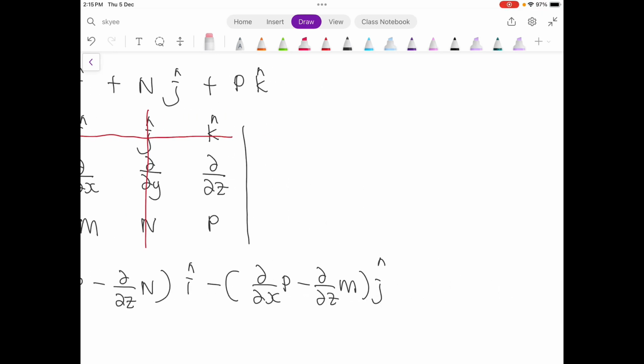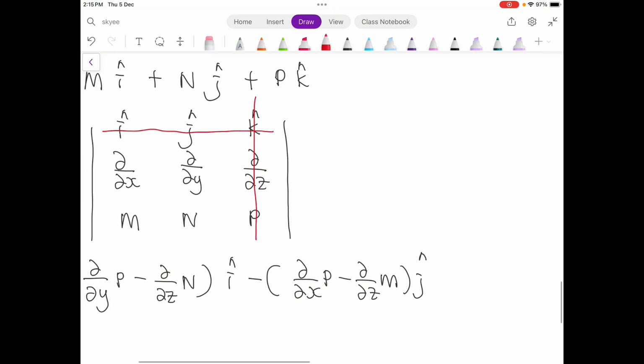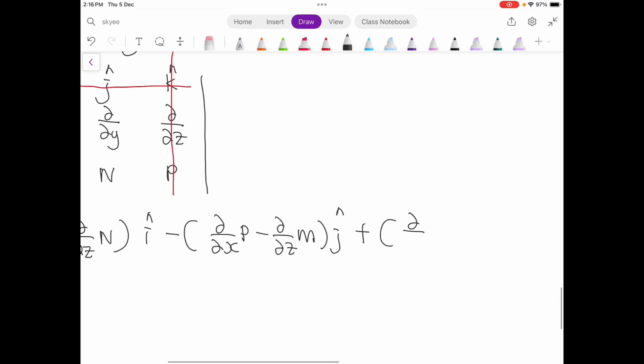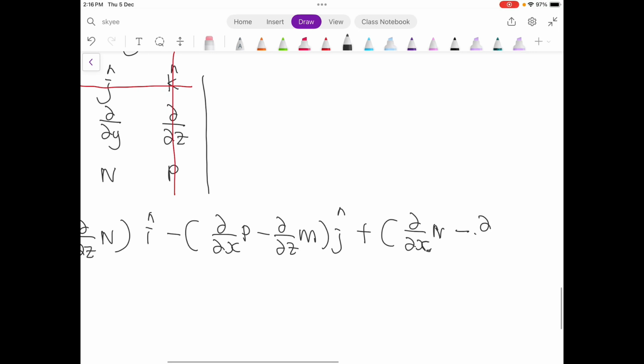And for the last one, you hide the last column to represent the k component. So this one will be plus del x n minus del y m, to represent the k component.